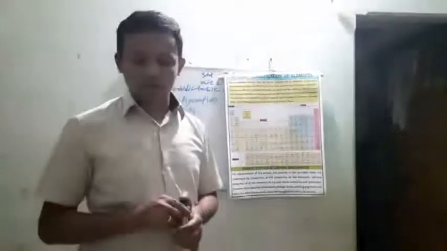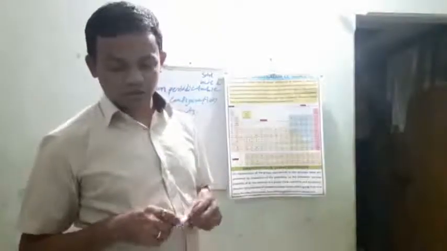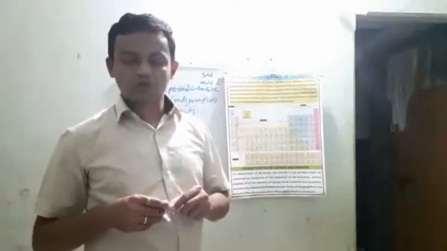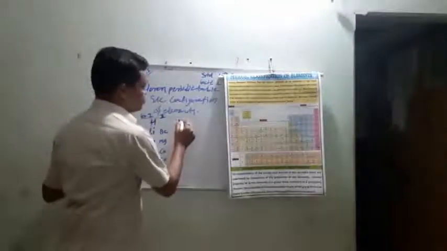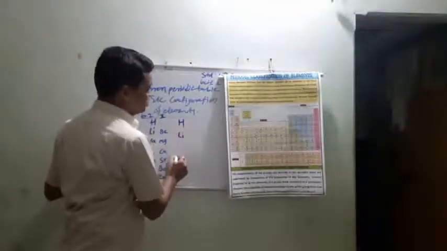In your book there is one question: write the electronic configuration of the first 4 elements of group first. So in group first there are hydrogen, lithium, sodium, like these elements.